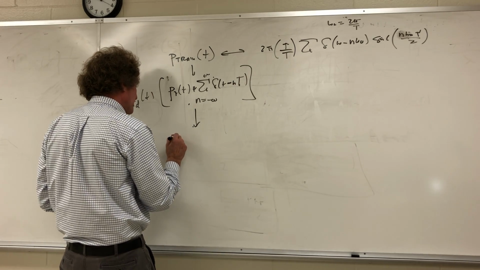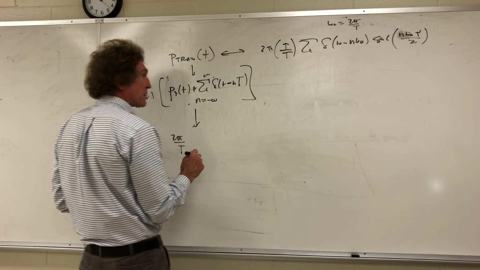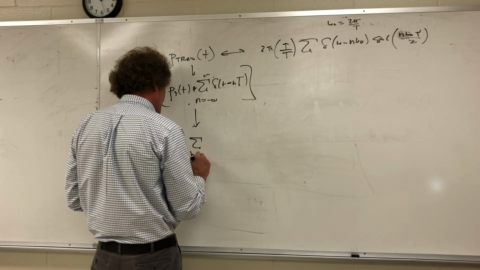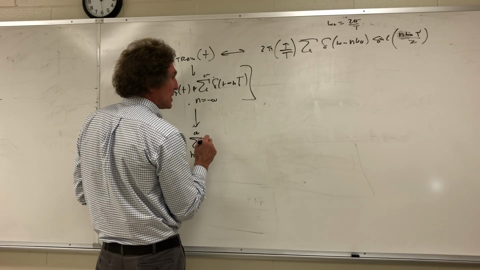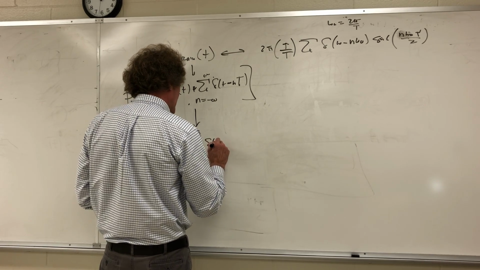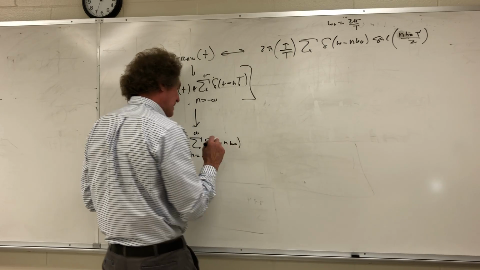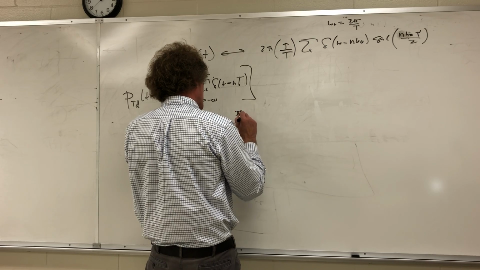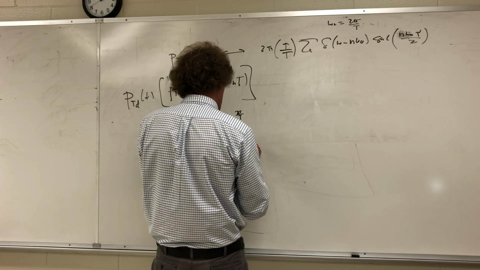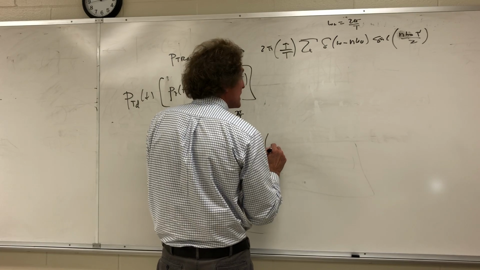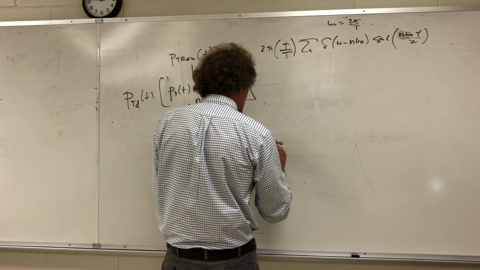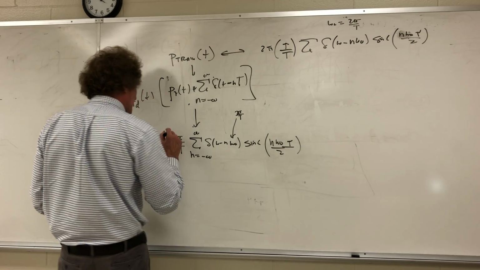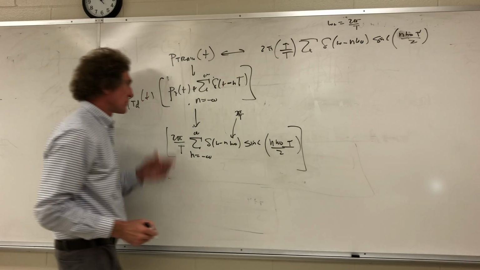That's 2 pi over T, then I have this infinite series, n from minus infinity to infinity of delta of omega minus n omega naught, and that omega naught, you gotta be sure, is equal to 2 pi over T. Then it's times a sinc function of n omega naught over 2 times tau. That's the first part, the Fourier transform of that.